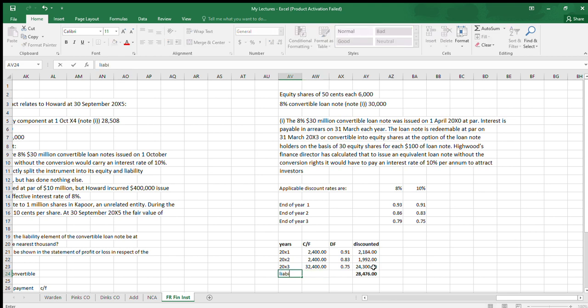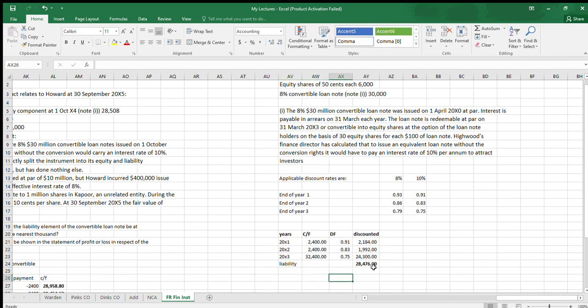So liability. Now from the question, we issued a 30 million. So that's a 30,000 nominal. So our equity is supposed to be in the middle. Equity, the balancing figure: 30,000 minus the discounted liability.